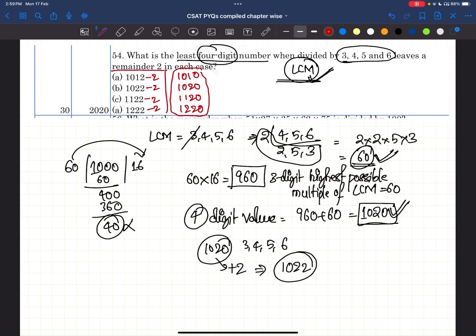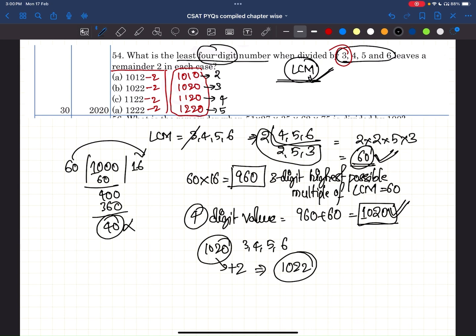Now we'll take 3 here. Why are we taking 3? What is the divisibility rule of 3? The sum of the digits present in the number should be divisible by 3. Now what is the sum of the digits? Here it is 2, here it is 3, here it is 4, here it is 5.